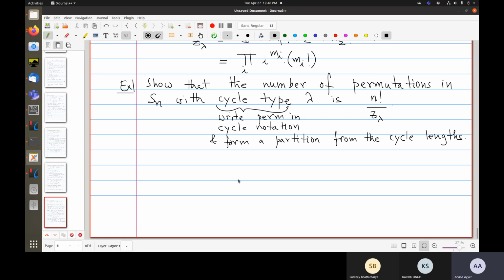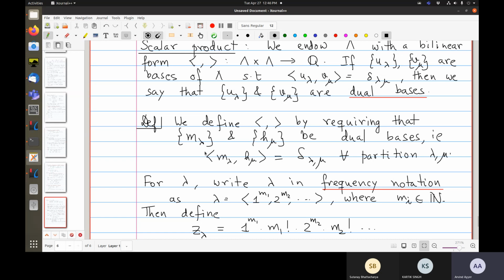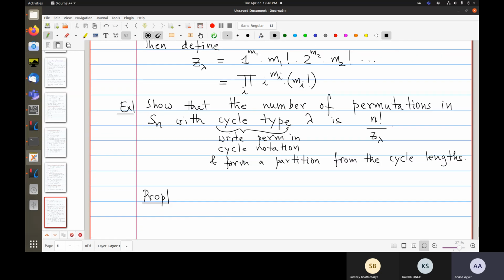Okay. So the proposition, which may be about the scalar product, is that p lambda is an orthogonal basis. So p lambda, p mu is z lambda delta lambda mu. Okay.